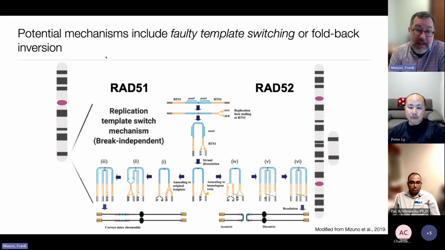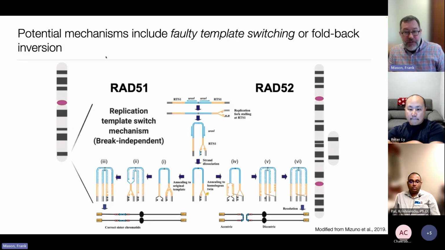However, in cells lacking Rad51, this protein called Rad52 can predominate. Through a mechanism I won't have time to get into today, Rad52 is much more promiscuous in how it can re-anneal stalled replication forks.